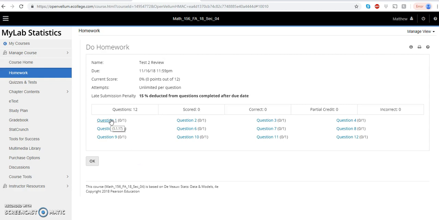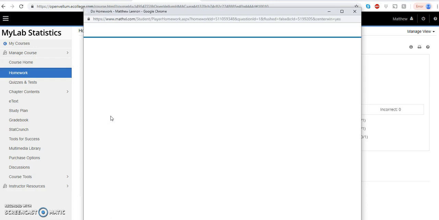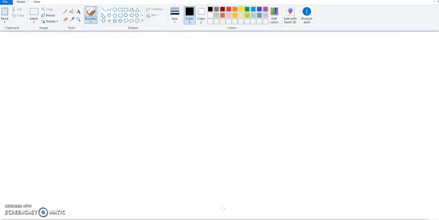So let's go through. There's 12 questions here. The first couple are on the topic of a z-score, which is describing, based on a distribution, how many standard deviations an observation is away from the mean. Let's just remember the definition.